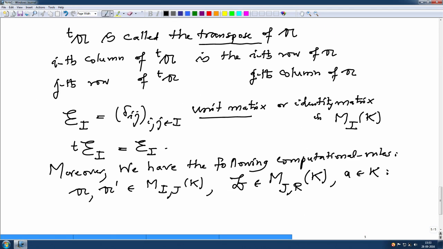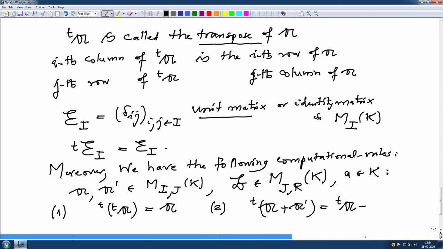Then, first of all, the transpose of the transpose of A gives back the original matrix. Second, if I add A and A', addition is possible because they have the same orders, and then take the transpose, that is the same as the transpose of A plus the transpose of A'.